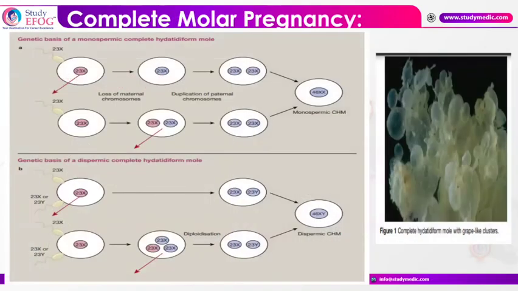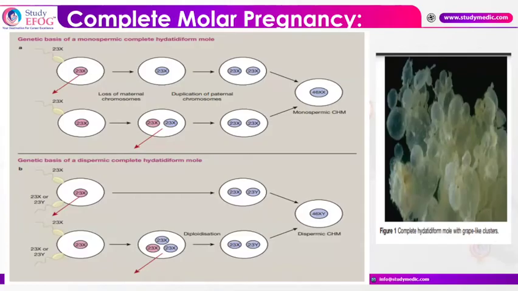This is regarding the complete molar pregnancy, in which, see, this is the grape-like appearance. In the complete mole, it is diploid and androgenetic, with no fetal tissue, due to an absence of the maternal genetic material, and it has a 46XX monospermic complete mole. 75% result from the fertilization of an empty ovum with a single sperm, which then duplicates its genetic material: monospermic complete mole.